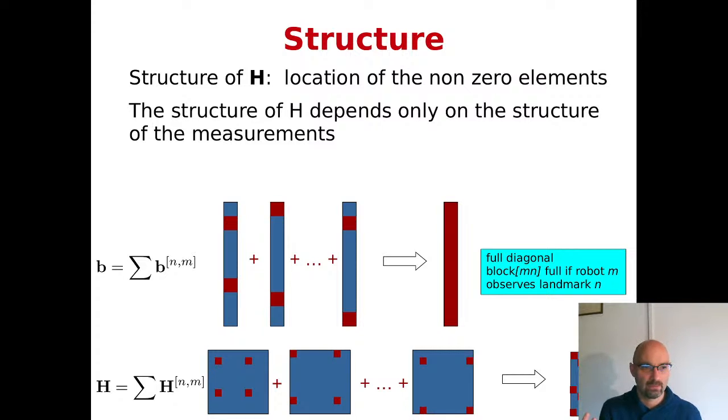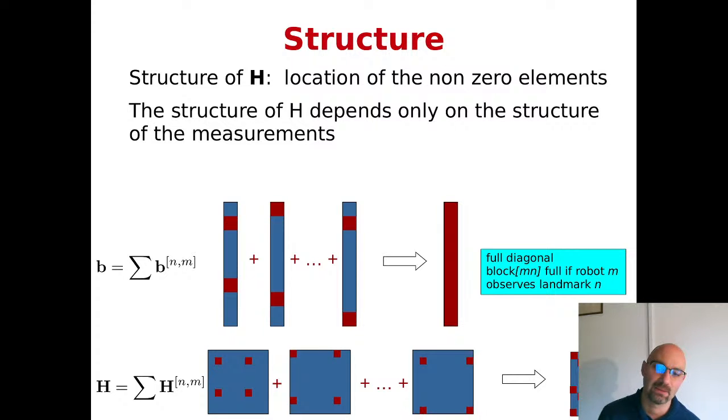So if we would represent the problem as a graph where each node represents a variable in our problem, so either a robot position or a landmark position, and each edge represents an observation, a measurement done by a robot position about a landmark position, then the structure of the H matrix reflects the structure of the graph.